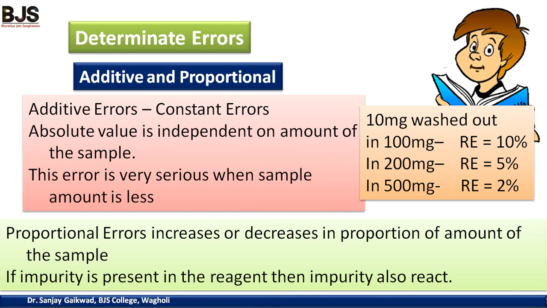Additive error and proportional error, if we think, we can minimize easily, we can reject easily. You should know what type of errors are added, and what is the relation of, suppose, the washing solution. If the proper washing solution is selected, then this type of error can be minimized.